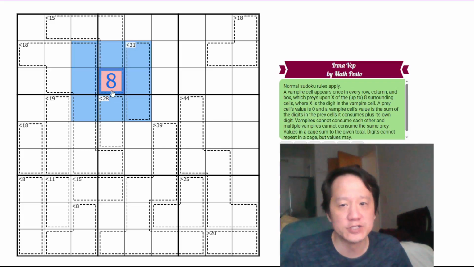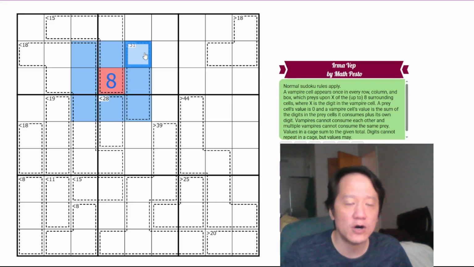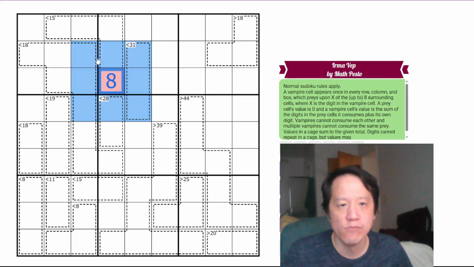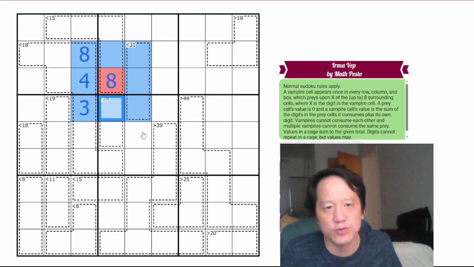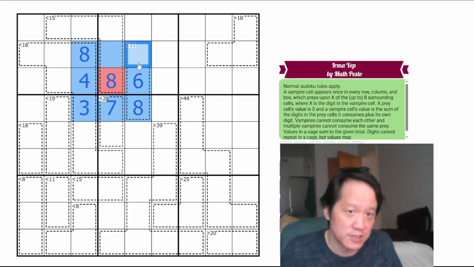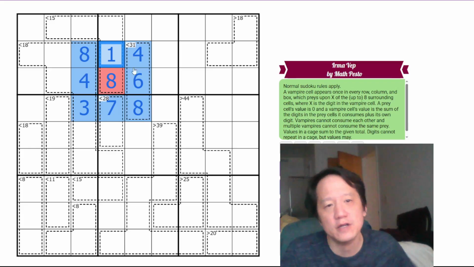The vampire cell's value is the sum of all the digits in the prey cells it consumes plus its own. So this could be any combination. Say we had 8, 4, 3, 7, another 8, 6, 4, and 1.